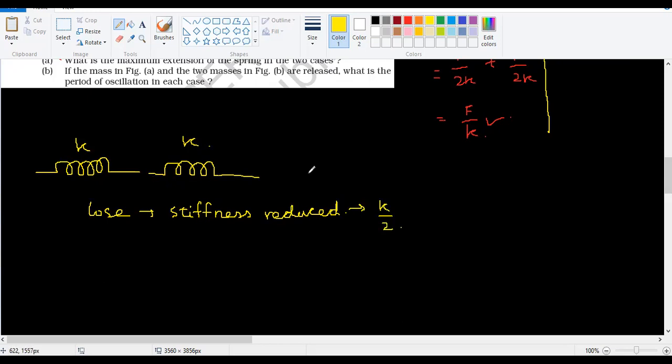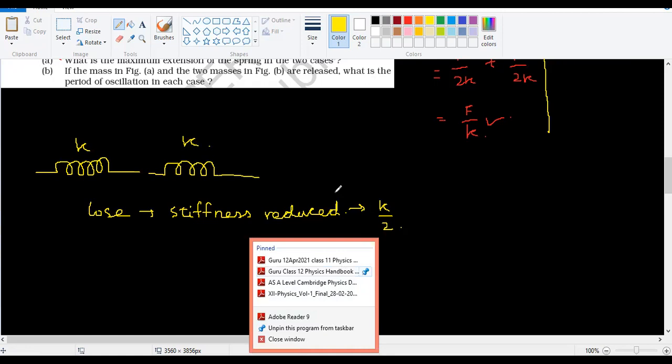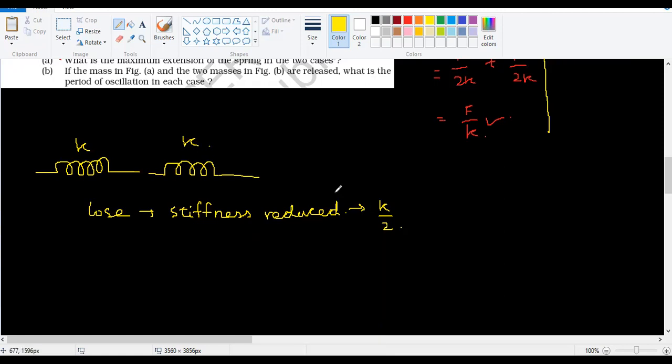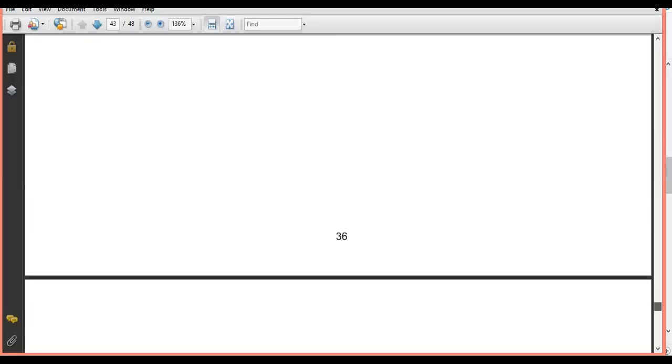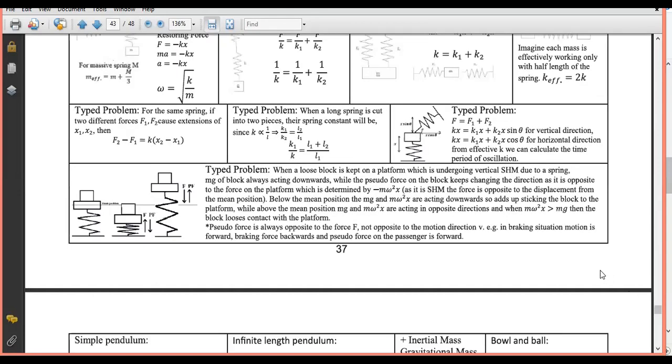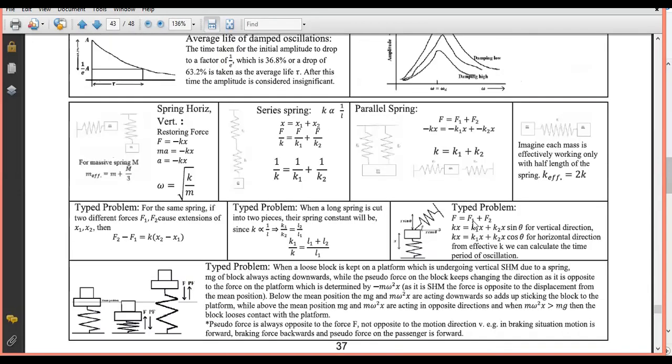This is something like your series connection, parallel connection of resistance. I can show you where you have these formulas. We have to go to page number 37 to look for these formulas.